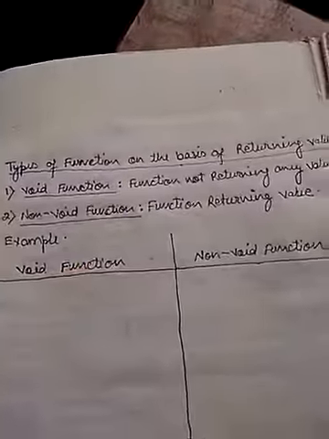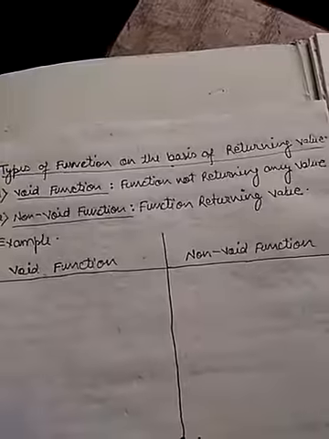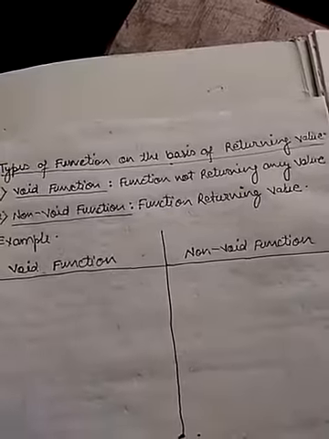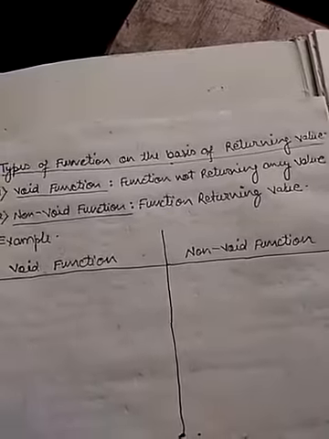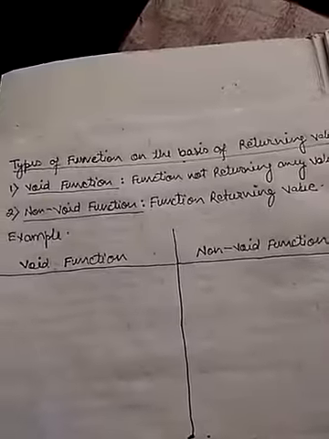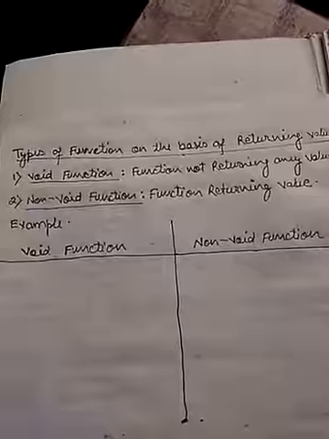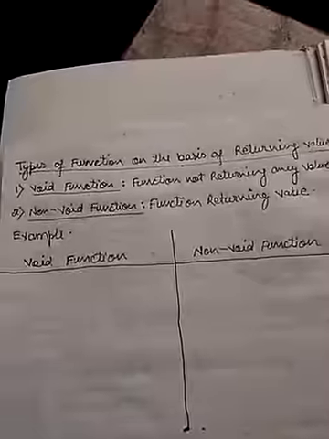A void function means when a function does not return any value, such type of function is known as a void function, and the function which returns a value is known as a non-void function. Now what is the meaning of returning? Let me explain.